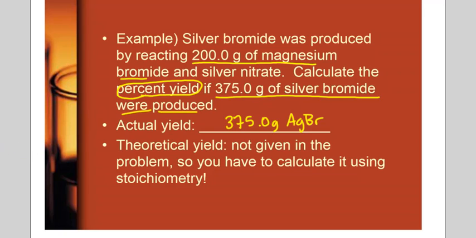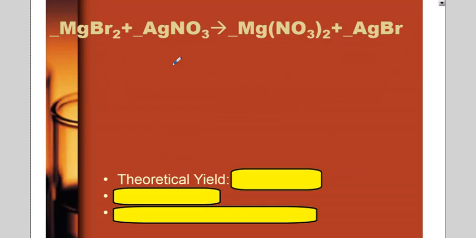So of course what we have to do is write a balanced chemical equation. So that's going to look like this, and we do have to balance it, so there should be a 2 there and a 2 there. Alright, so we start with 200 grams of our magnesium bromide. We are trying to find the theoretical amount of silver bromide, because they told us that our actual yield is 375 grams.